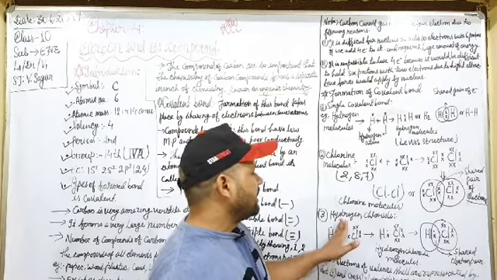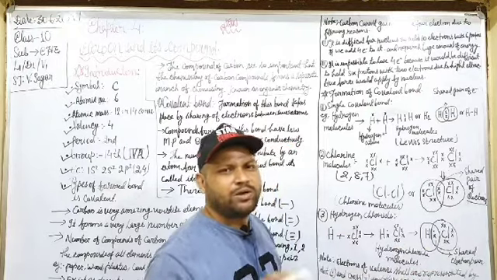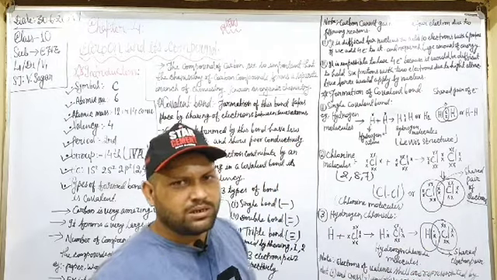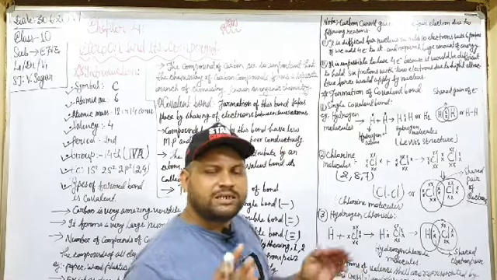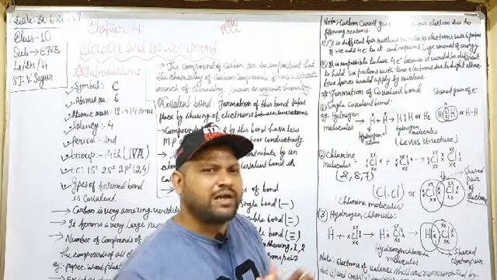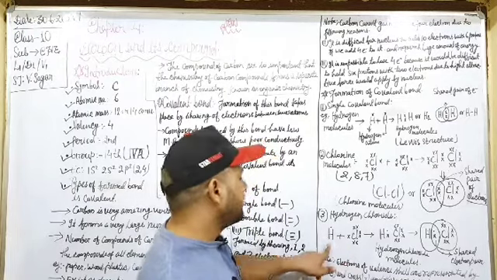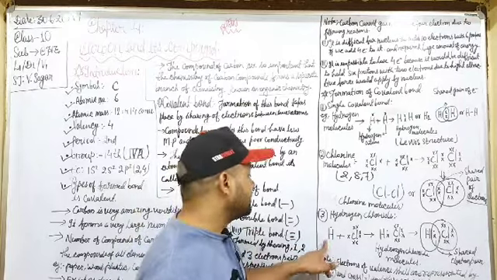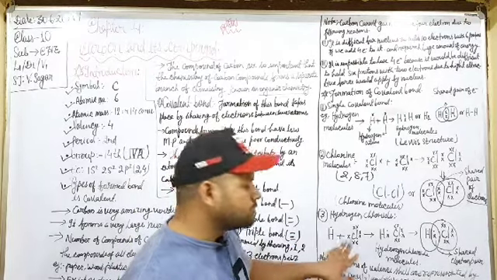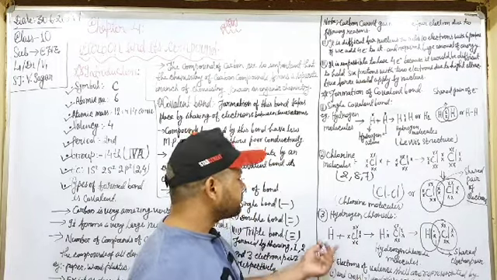Now the formation of hydrogen chloride. Here we are going to give the example of two dissimilar atoms, how they combine with each other with the help of sharing of electrons. Here the hydrogen atom contains only one electron, so it is represented by a dot because there are two different atoms here.